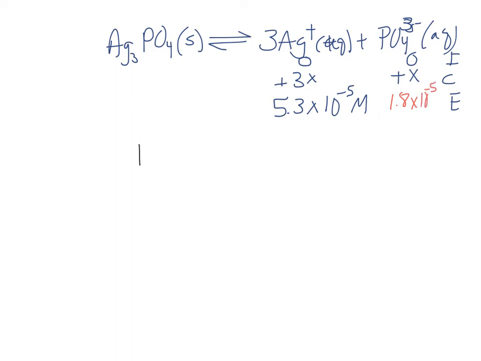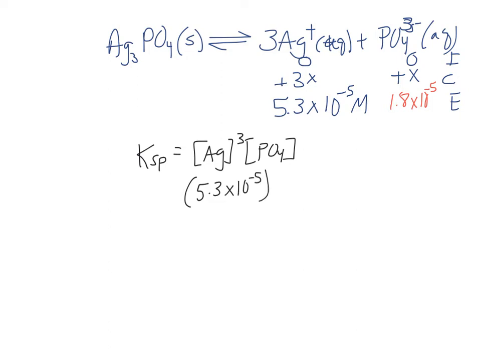And now we can calculate the KSP, because the KSP is going to be the concentration of silver cubed times the concentration of phosphate raised to the 1. So we're going to say 5.3 times 10 to the minus 5, and we have to cube that and times that by 1.8 times 10 to the minus 5, and you'll get a KSP value of 2.7 times 10 to the minus 18.